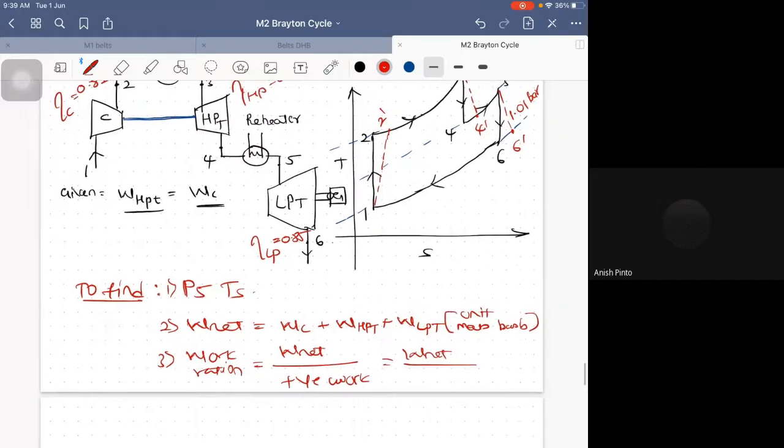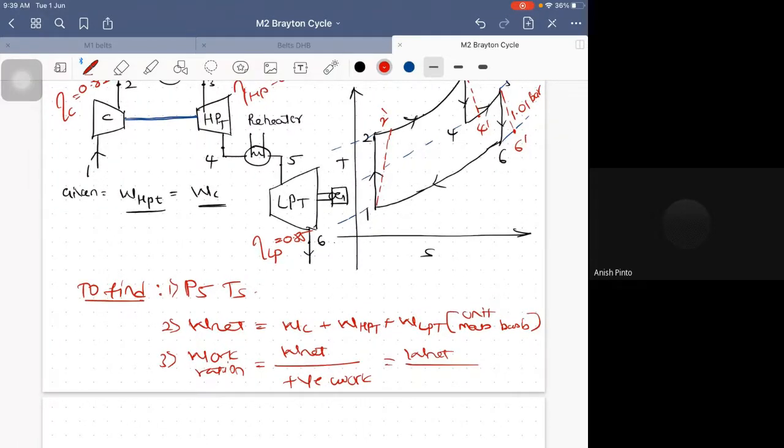Two, but we have to take only one, no? Why? Two are there, but HP work is transmitted to compressor. Yes, it is transferred to compressor. We do not care about which one is absorbing.